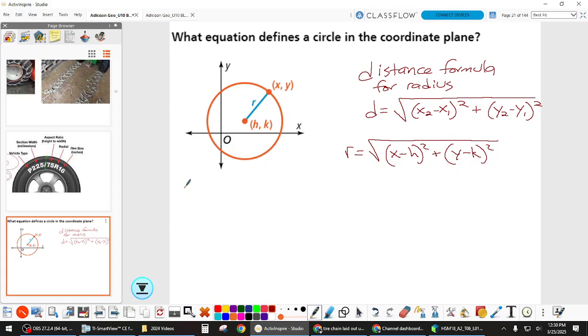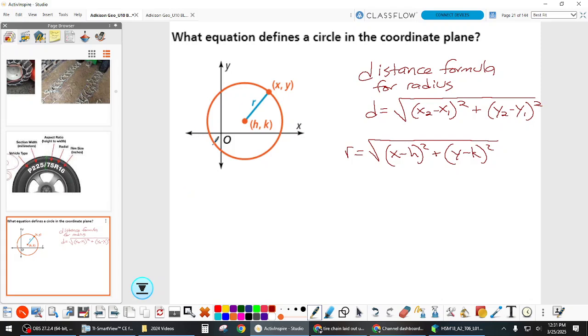Okay? Does everybody see that? Okay. So in algebra, we like to give letters to represent consistent themed pieces. So HK, like for parabolas, HK is where the vertex is. For a circle, HK is where the center is. That's what I mean by that. Everybody follow? Okay. So this is the formula for the radius length.